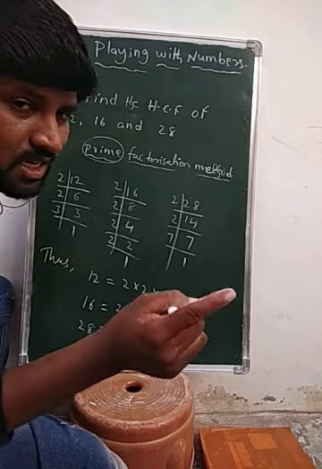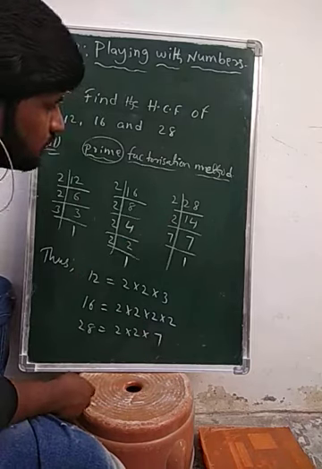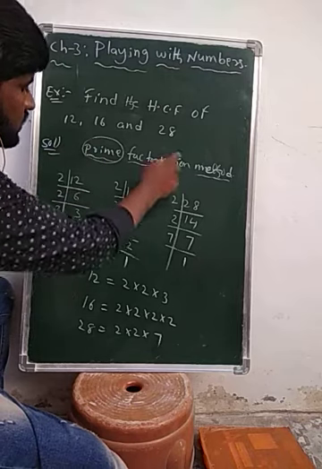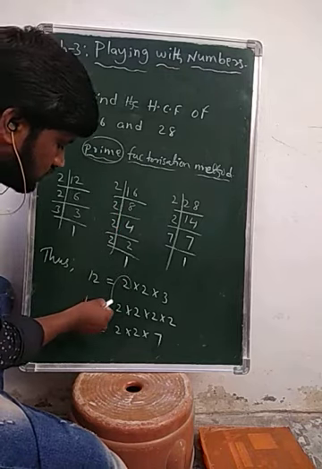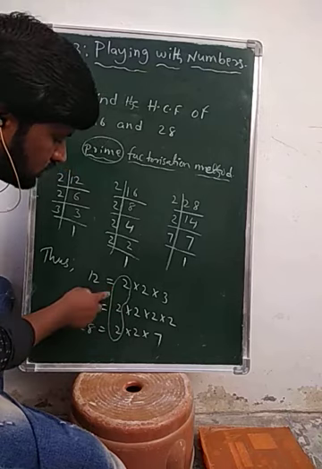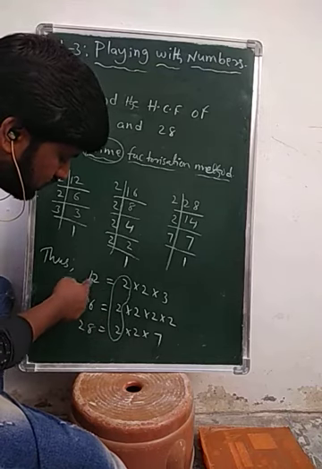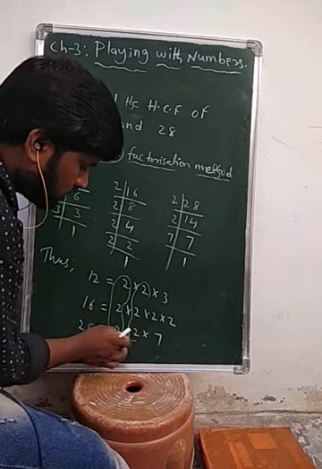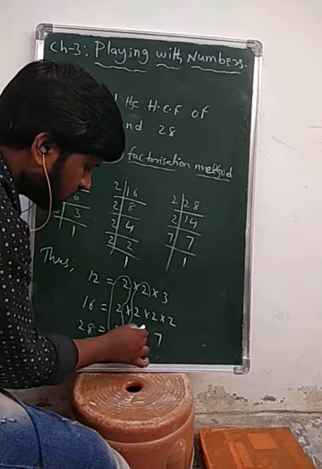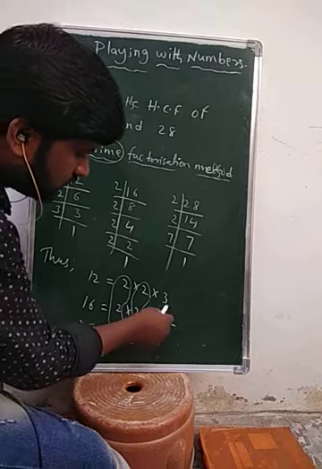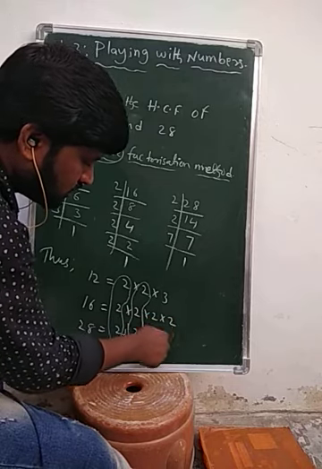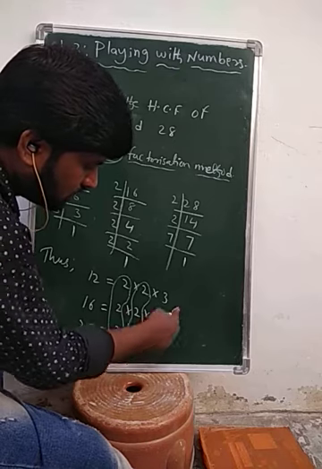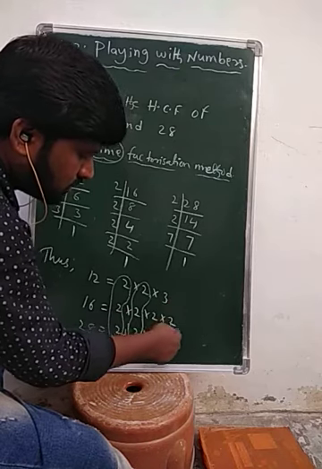You just find the common factors for the three numbers 12, 16 and 28. Just circle them. 2 is common for all three numbers. Here also 2 is common for these three numbers. Here 3, but in the other two there is no 3. Here 2, but in the other two there is no 2. Here 7, in the other two there is none.